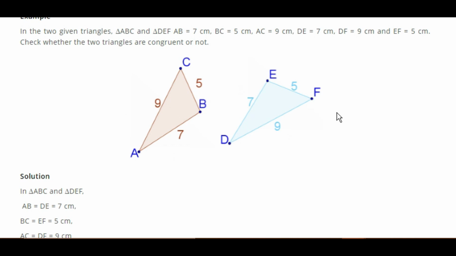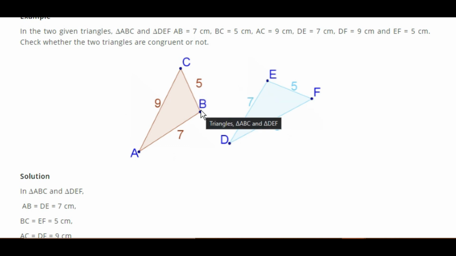The corresponding sides are BC and FE, then AC and DF, AB and DE. By this, we can say that the corresponding sides of one triangle are equal to those of another. Then the triangles are congruent. And how can you say the congruent properties?